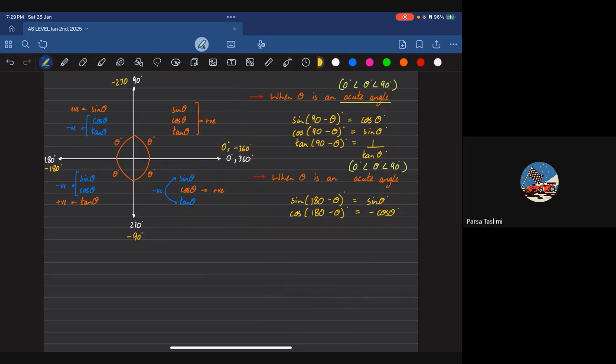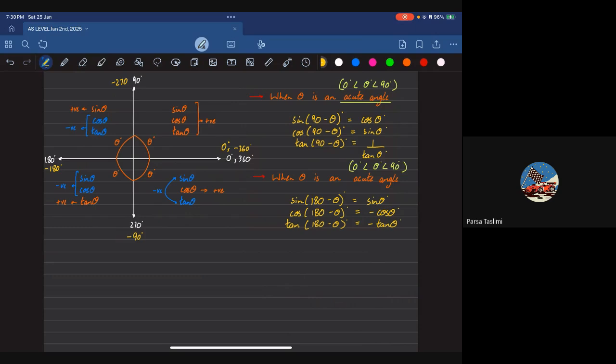This time around theta is still an acute angle. Do not think that theta has changed. We're just subtracting it from different things. And lastly, tan of 180 minus theta is going to be equal to negative tan theta.